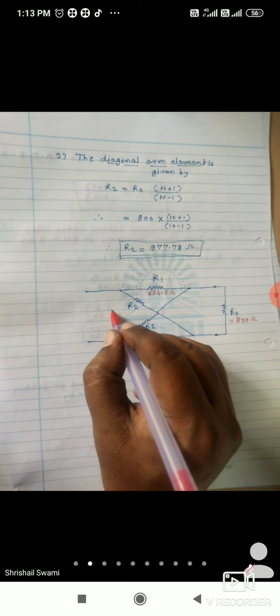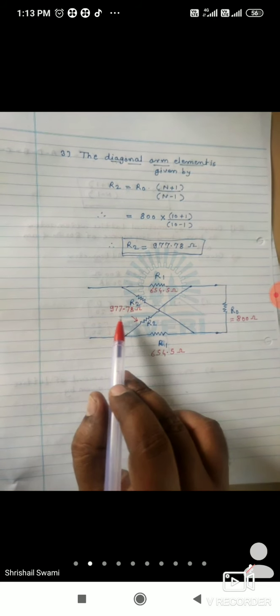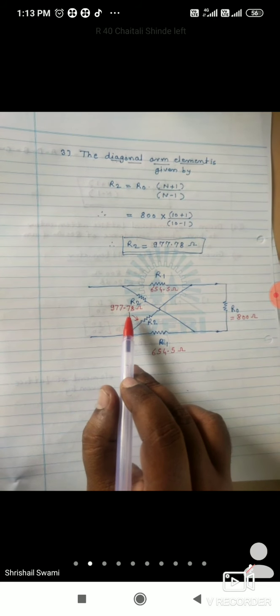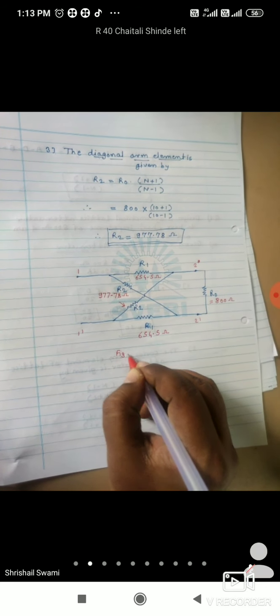R2 we got 977.78 ohm, the same for both R2. You can give the names one dash, two dash, and so on. This is the lattice attenuator.